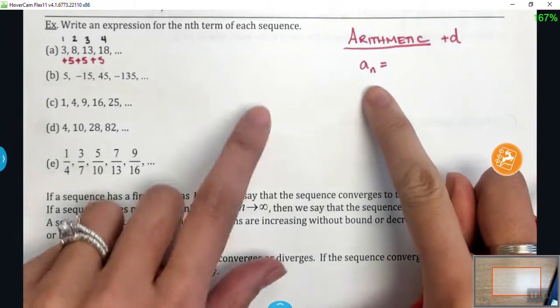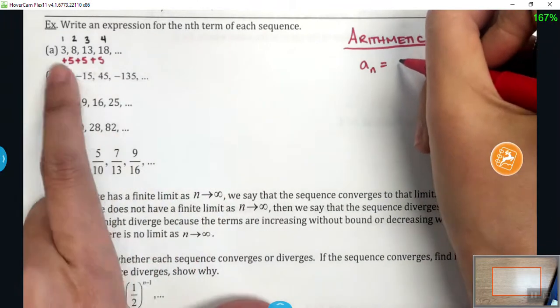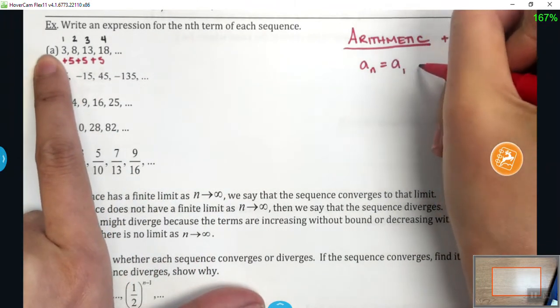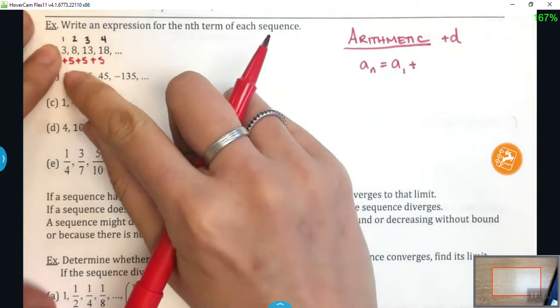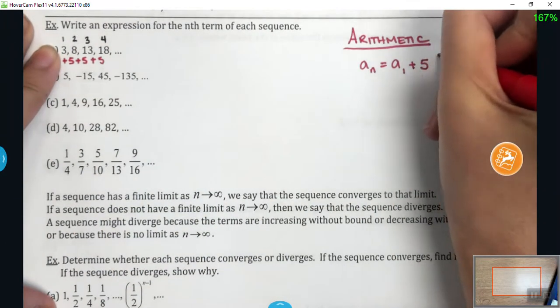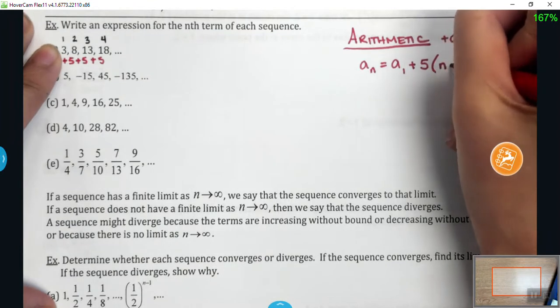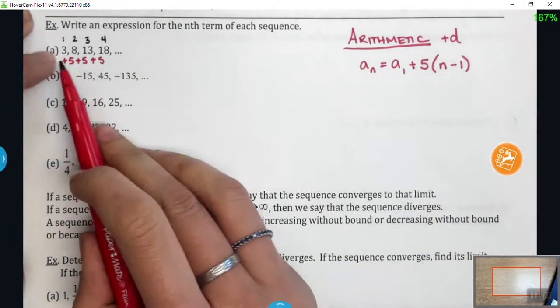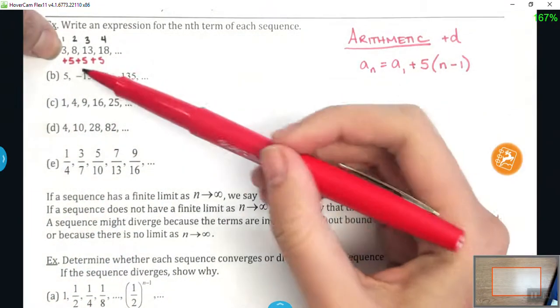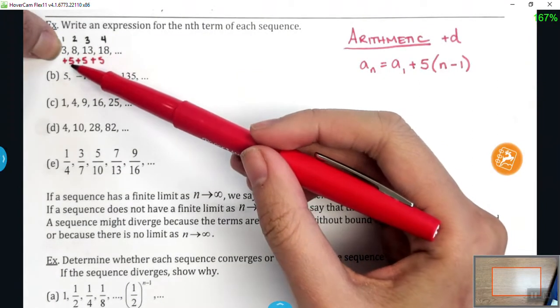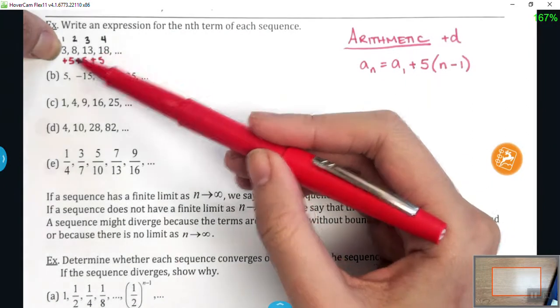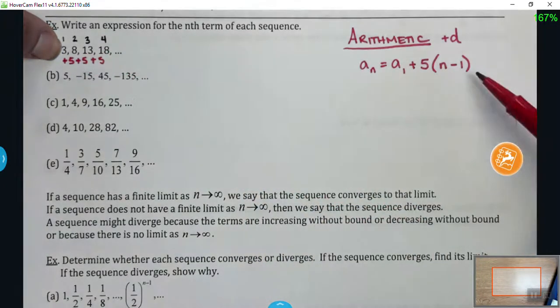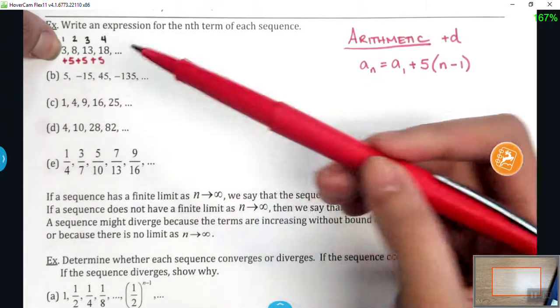So your sequence, you can use this formula: the first term, A1, plus what you add every time, 5, times n minus 1, because the first term is 3, and to get to the second term you only add 5 once, so that's why it's n minus 1. To get to the third term, you add 5 twice, and to get to the fourth term, you add 5 3 times, right?